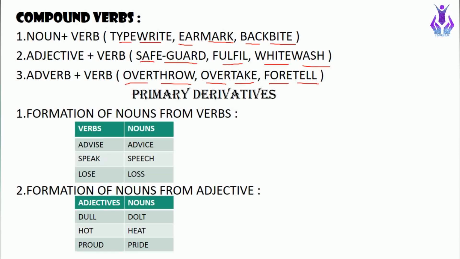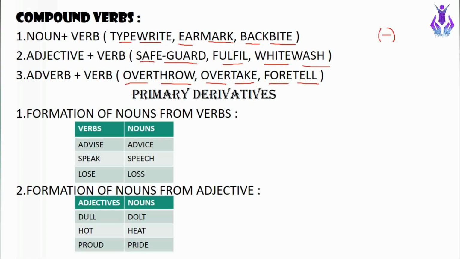We can see that in most compound words, it is the first word which modifies the meaning of the second word. Whether the first word is an adverb, a verb, an adjective or a noun, it modifies the meaning of the second word. And when two elements of the compound are only partially blended, a hyphen is put between them. Like I have told you earlier, a hyphen is this dash.